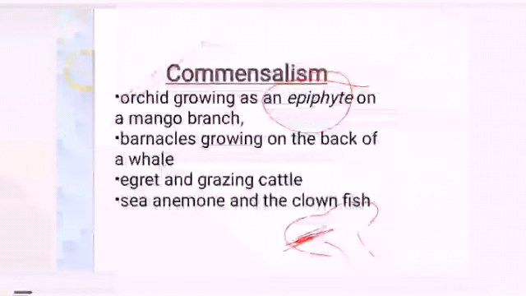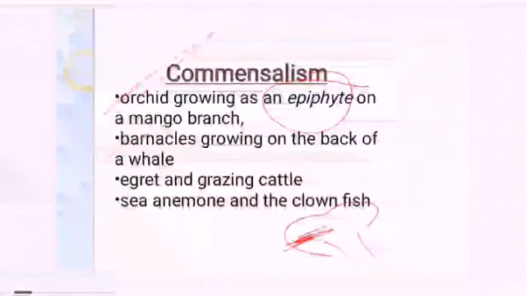But is the mango tree benefited? No, it is neither benefited nor harmed. It is not like a parasite taking away all the nutrients. Very little is taken, which is not at all going to affect the mango tree. So the orchid is one good example of commensalism. Another one is barnacles growing on the back of a whale.